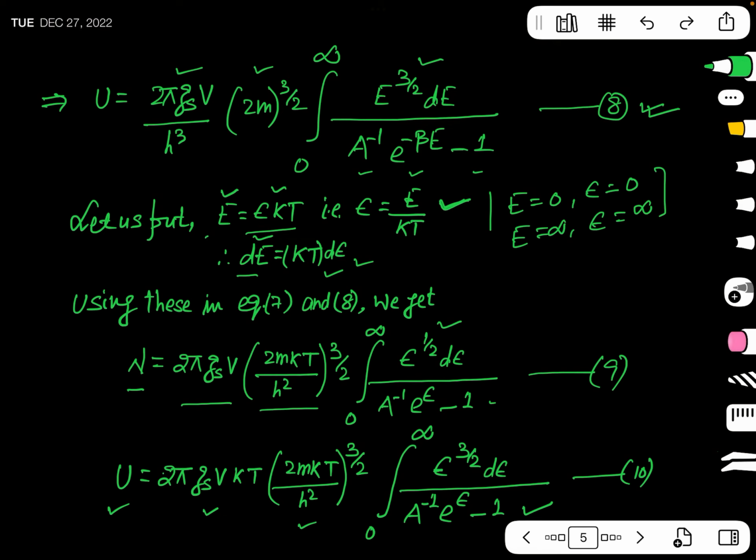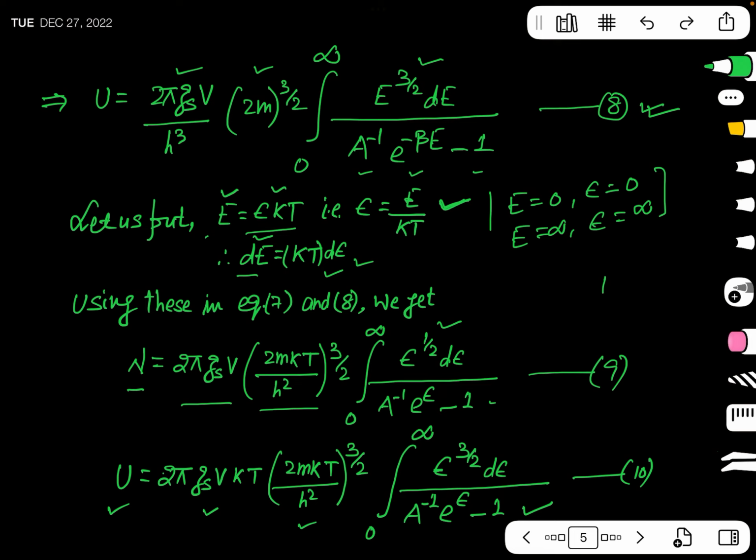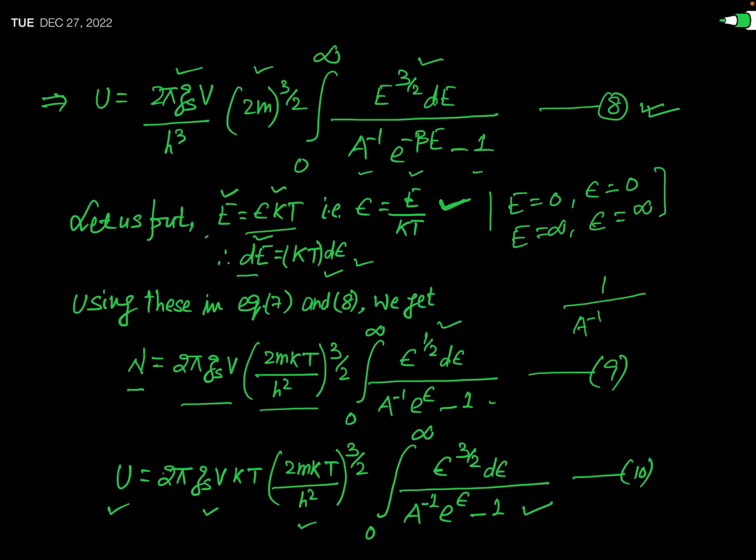In fact, our aim is to first of all evaluate 1 over a inverse e to the power epsilon minus 1. It means we first have to expand a inverse e to the power epsilon, minus 1 to the power minus 1, and then we can evaluate these integrals.